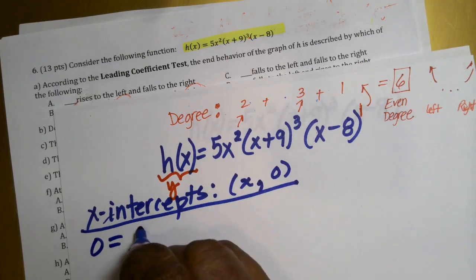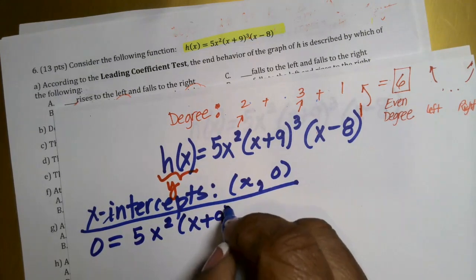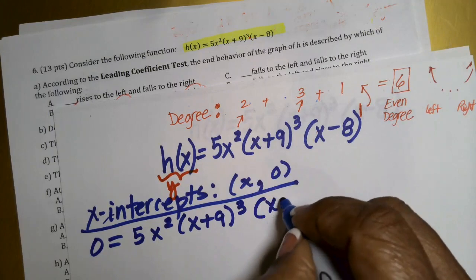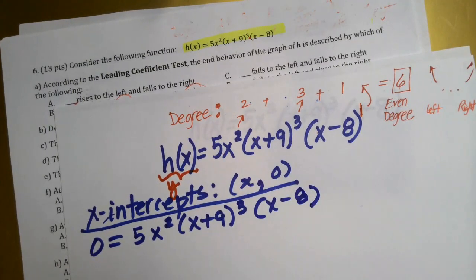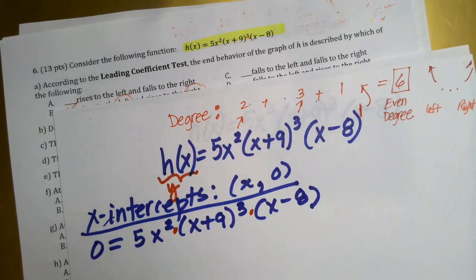0 equals 5x squared, x plus 9 cubed, x minus 8. So we already have factors. It's in factored form. So we're going to set these factors equal to 0.